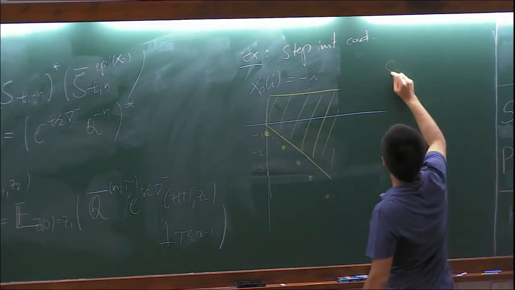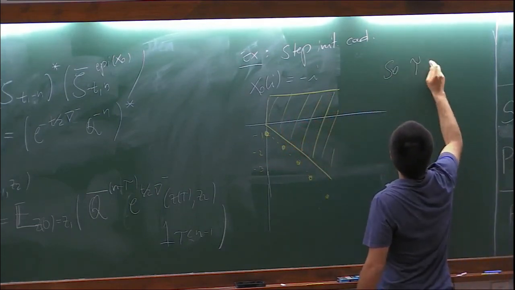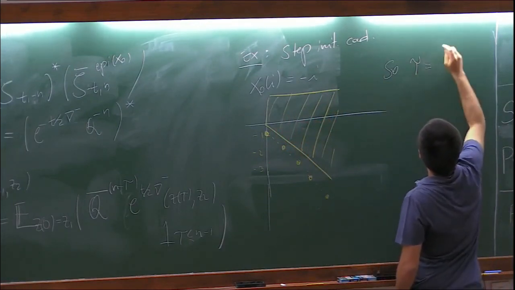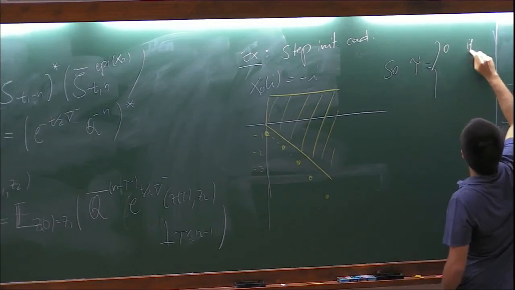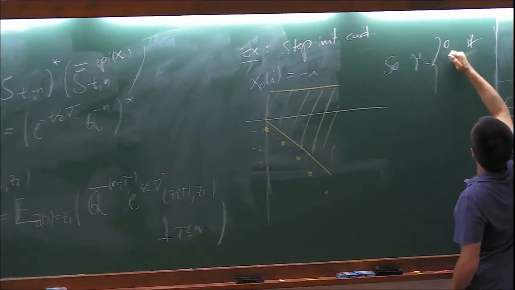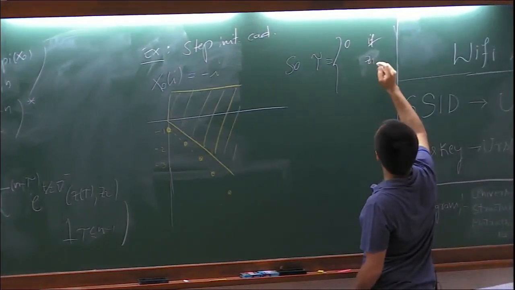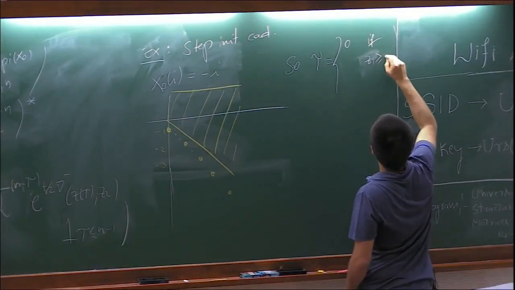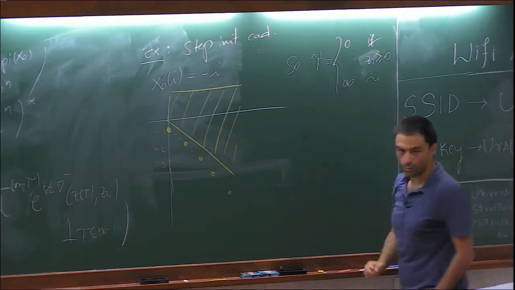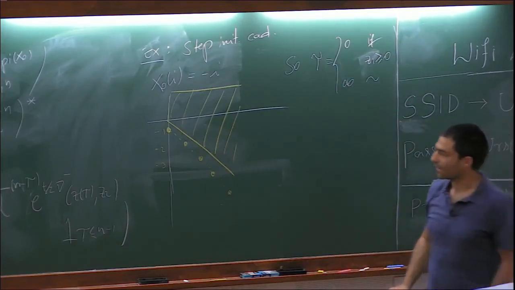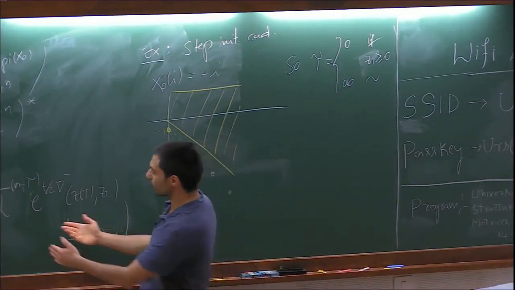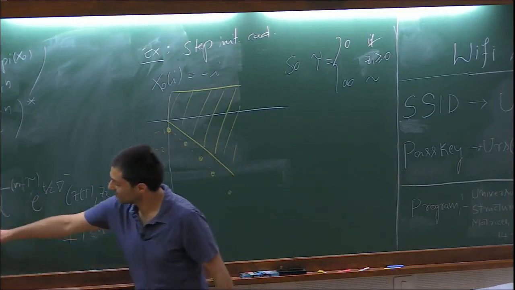Okay? So here, tau is 0 if x0, sorry, if the starting point is above 0, and infinity otherwise. And this means, I won't write it, but when you write this tau, essentially, you get this projection.